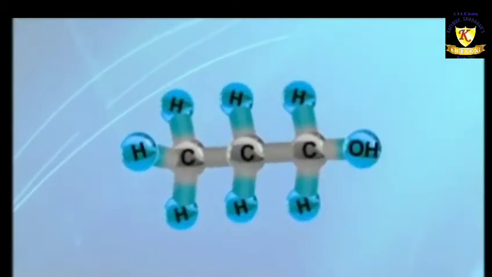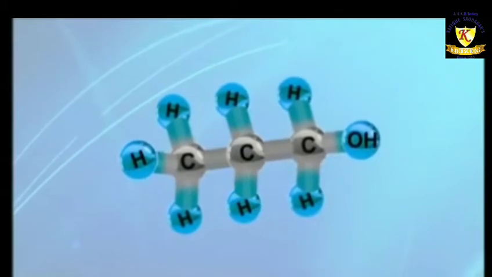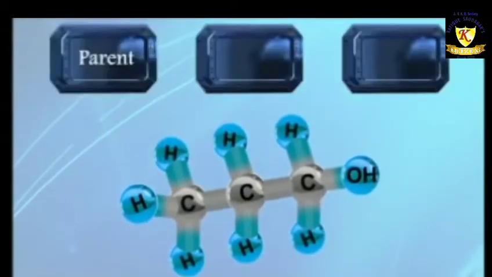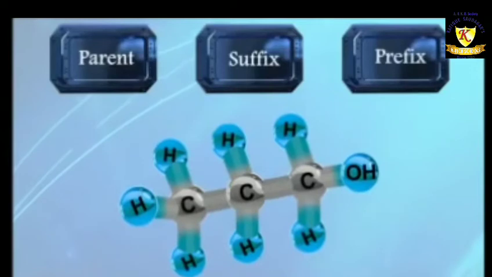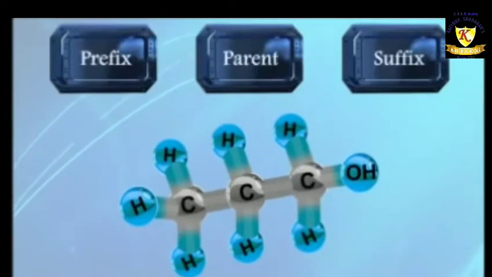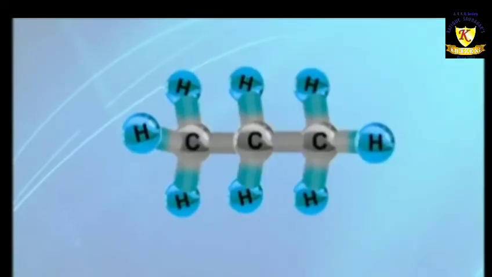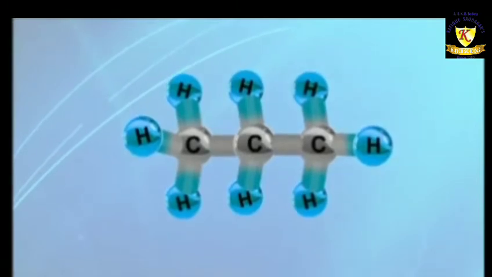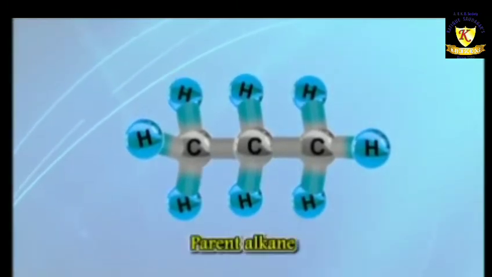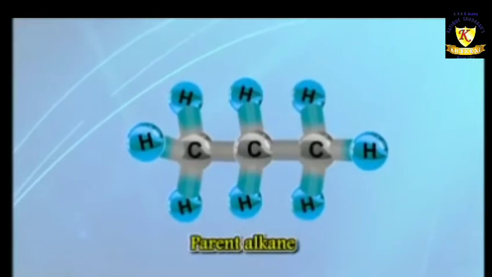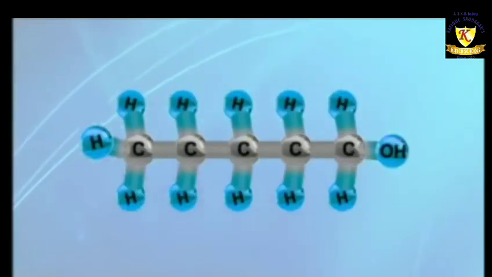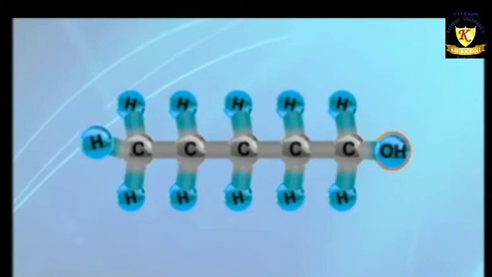There are three units in the IUPAC name of any carbon compound: parent, suffix and prefix. These are arranged in the name as follows: prefix, parent and suffix. An IUPAC name is given to a compound on the basis of the name of its parent alkane. The name of the compound is constructed by attaching the appropriate suffix and prefix to the name of the parent alkane.